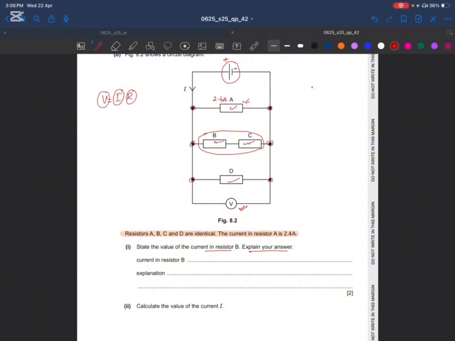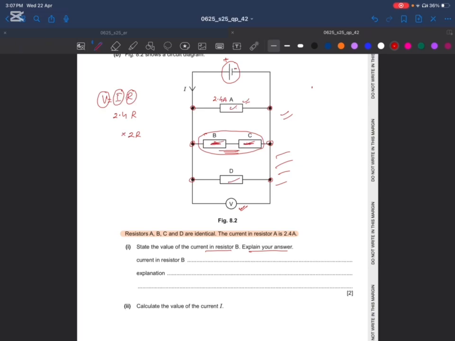V is constant. You know that all these resistors are connected with the same battery, same cell. So if you have a current of say 2.4 for resistance R, and the resistance is double, because here you have B and C, and when the resistors are in series you have to add their resistances.